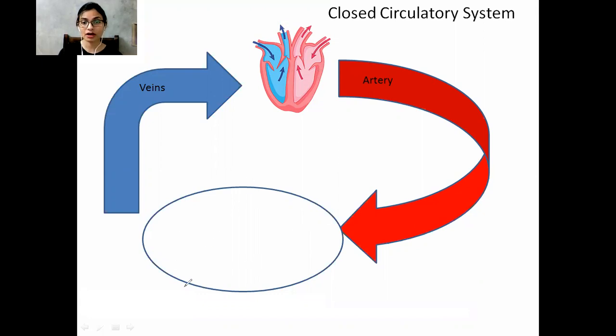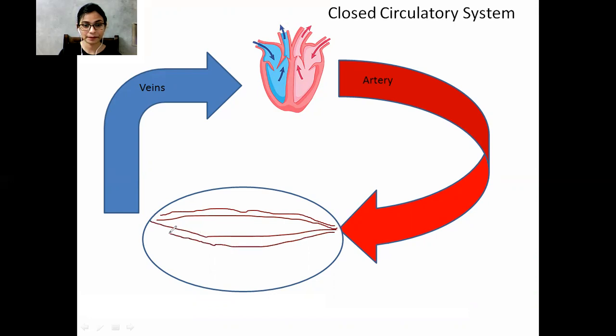After entering the organ, the artery divides into narrow blood vessels, which are called capillaries, like this. Small and narrow blood vessels called capillaries.